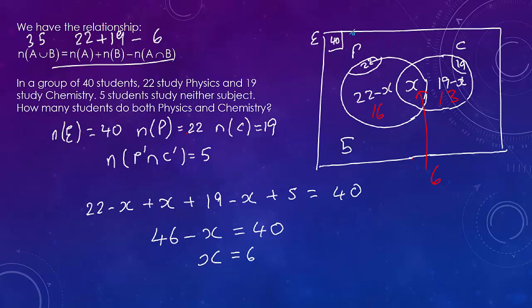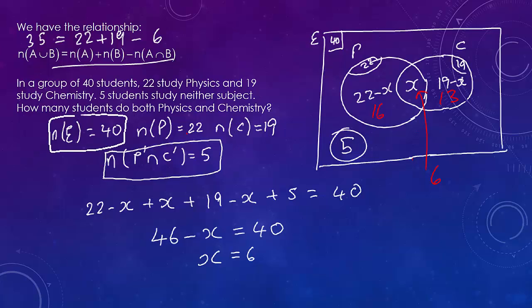And we know that because there's 40 in total and there's 5 outside. So we could have done this without the Venn diagram, because as soon as we knew this piece of information combined with this piece of information, we would have known that the union must contain 35. So we could have used the formula. But it's nice to be able to do it both ways.